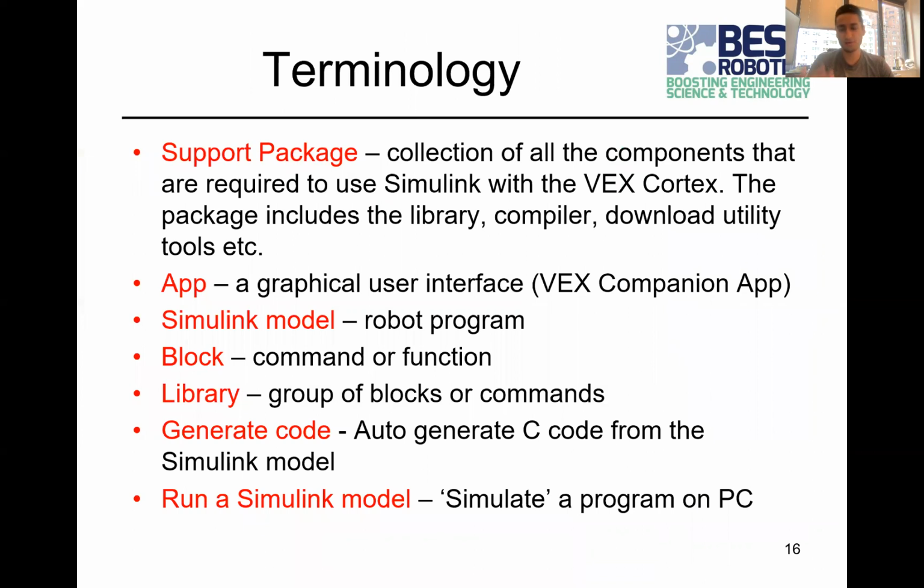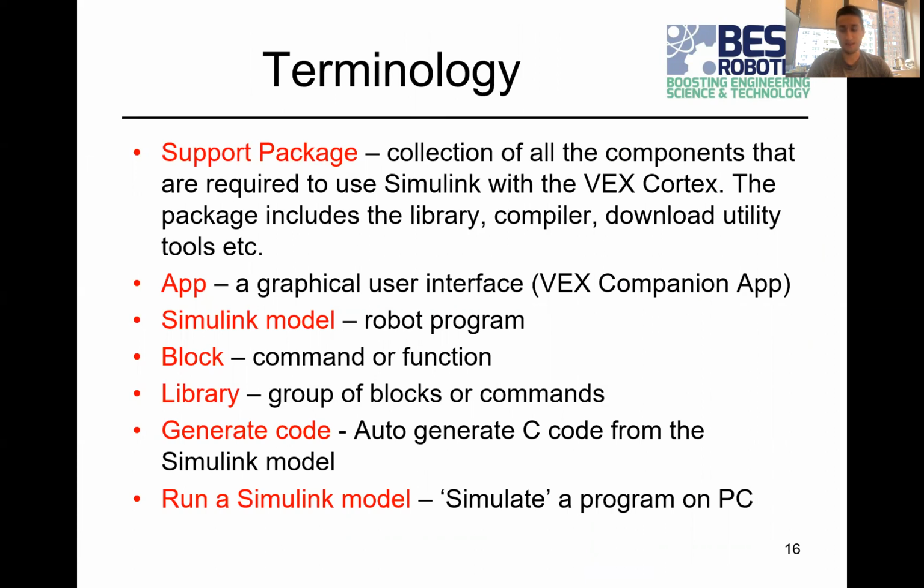So I threw a lot of terms at you: block, Simulink, Explorer, whatever. Let's take a step back and talk about the terminology. First of all, the Vex Cortex thing, I call it a plugin or support package, same sort of thing. It's all of the files that you download to make Simulink work with the Vex Cortex. It includes the library, compiler, download, and utility tools, all that.